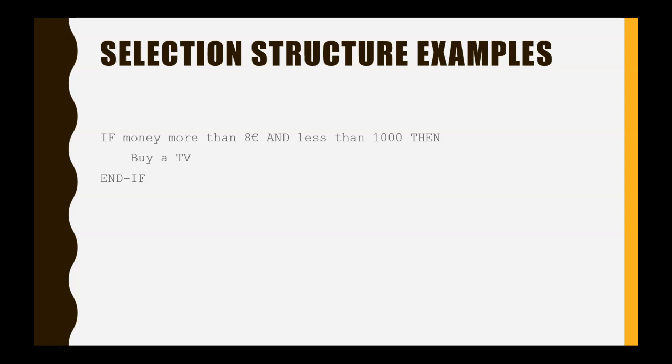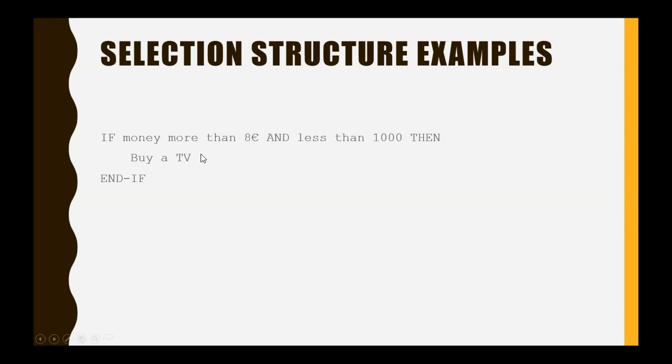And here are a few more examples. If we have money more than 8 euros and less than 1000 euros, then we buy a TV. So this example shows that we can make two conditions: is money more than 8 but less than 1000 euros?